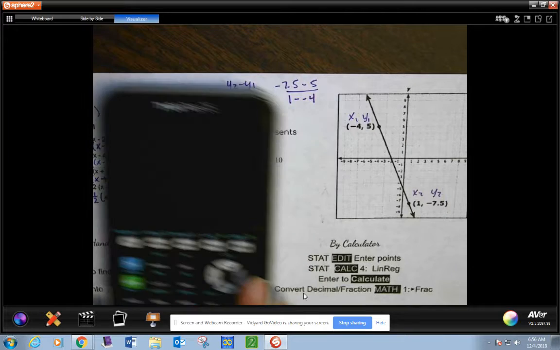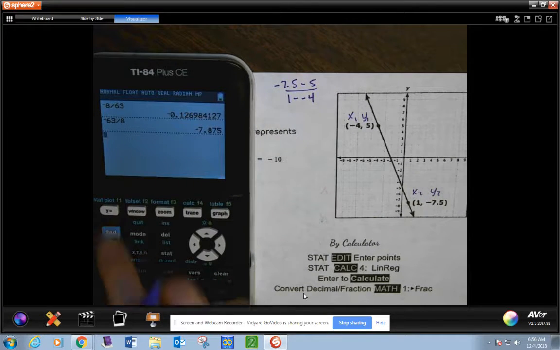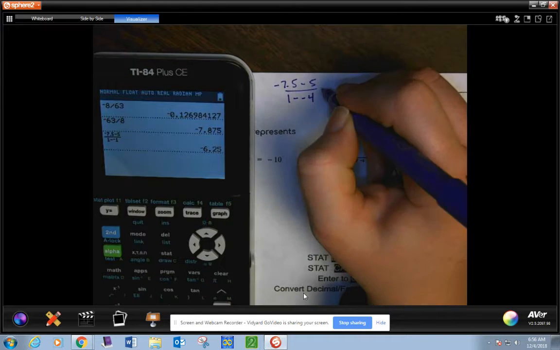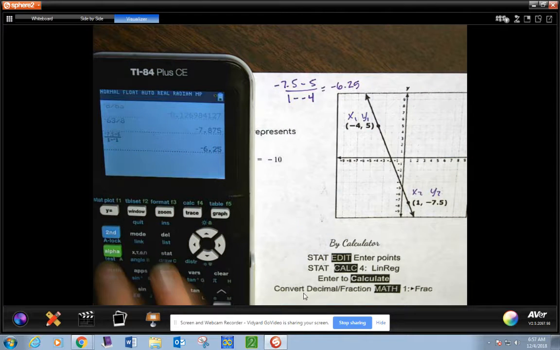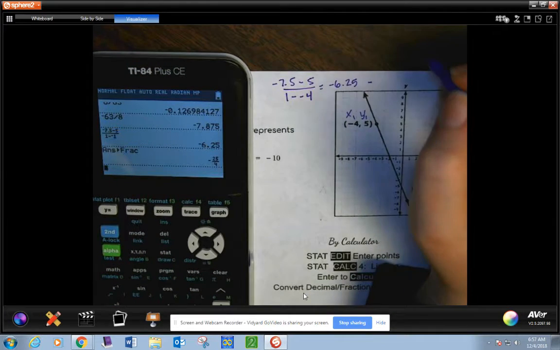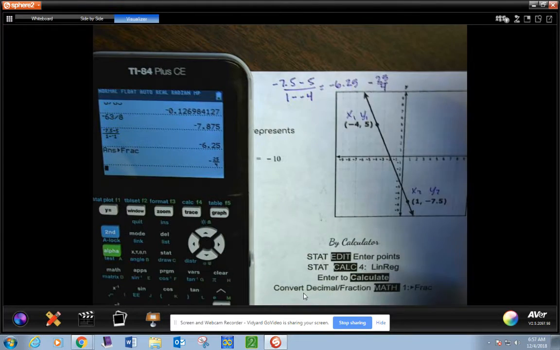Okay, to do this in the calculator, if you don't want to compute that, you could just do alpha y equals negative 7.5 minus 5 over 1 minus negative 4. And you are going to get negative 6.25. And I want that as a fraction, so I'm going to hit math, enter, enter, which would be negative 25 over 4.